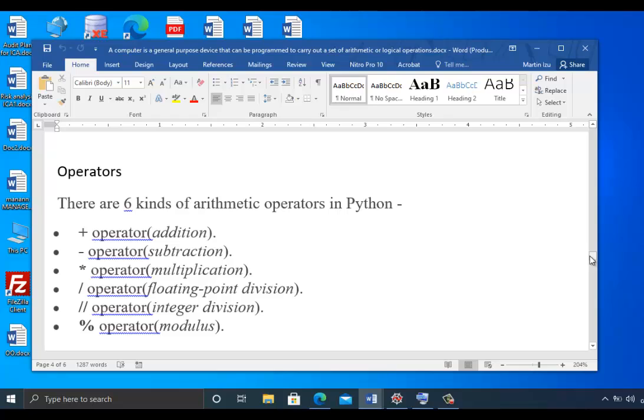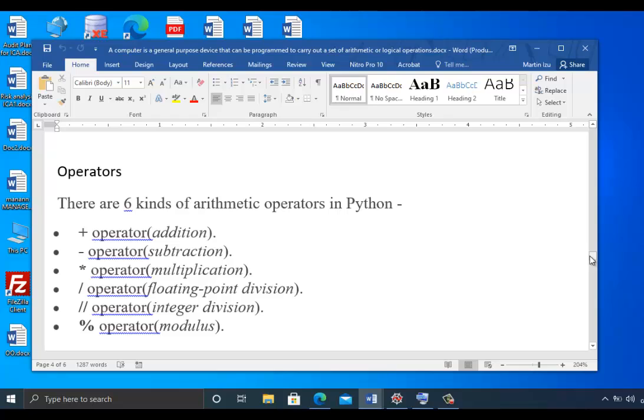Now, I want you to give closer attention to what I'm going to say. Basically, the computer does arithmetic and logical operations. What we know as multiplication or division, it's still the same thing as addition and subtraction, as the case may be.